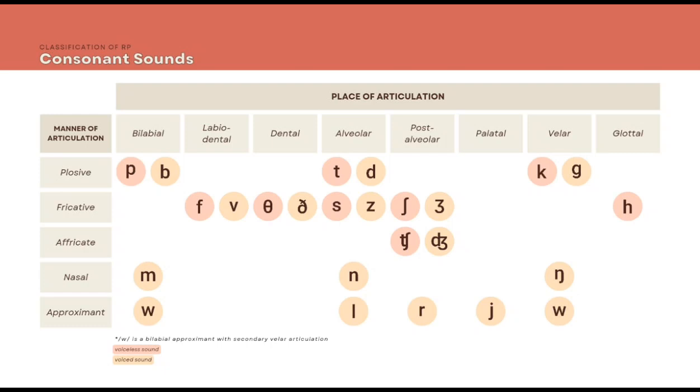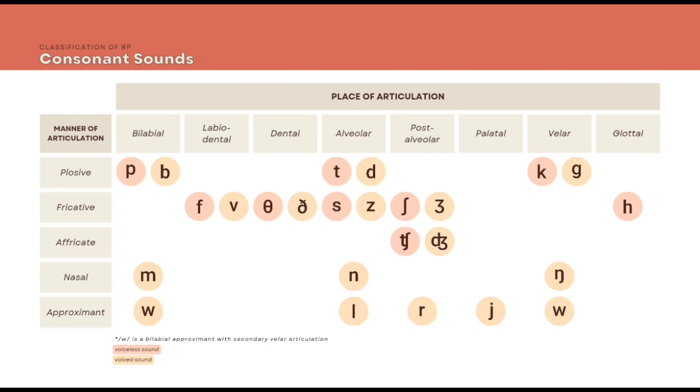So I would want you to examine this chart on your screen very well, study it very well in order to be able to categorize each of these consonant sounds in English according to their place and manner of articulation.